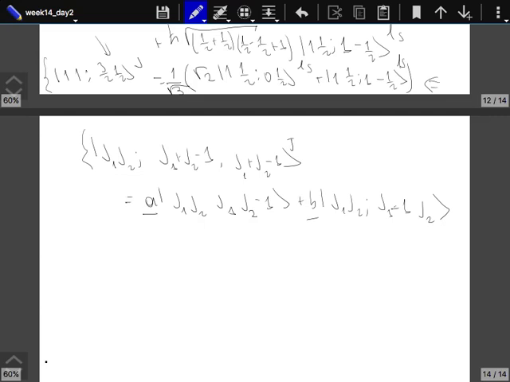Or the easiest way would be just to look up a table of Clebsch-Gordan coefficients. Somebody has already done the work for you, so they are tabulated. You can look up the Clebsch-Gordan coefficients and write down your kets. Questions? The thing that you should keep in mind is that this j takes values in this range.